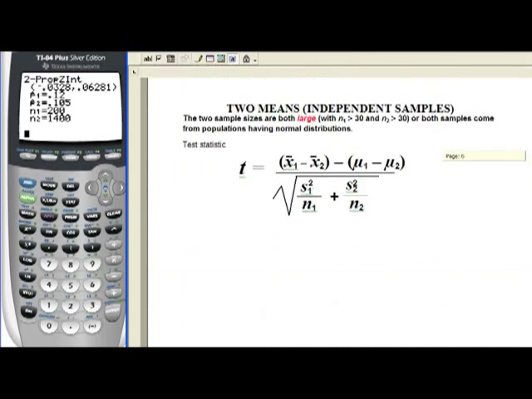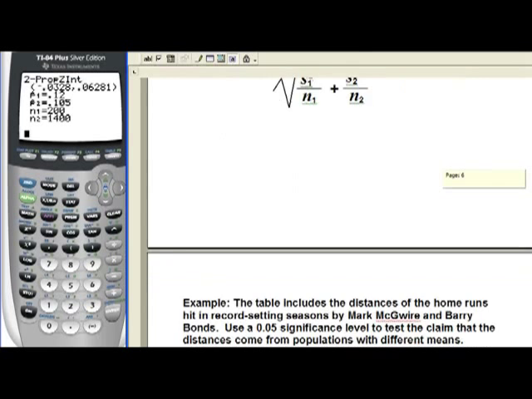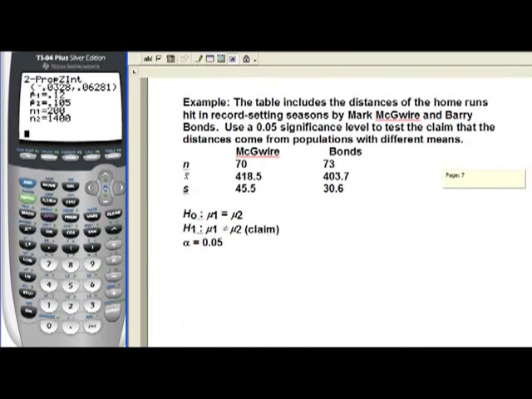Now let's assume I'm comparing two means, and they're independent samples. Both are large, and this is the criteria. This is the test statistic I would have used. Now, if I want to do a real problem, I would have been given a table like this, and we are trying to figure out at 0.05 significance level to test.